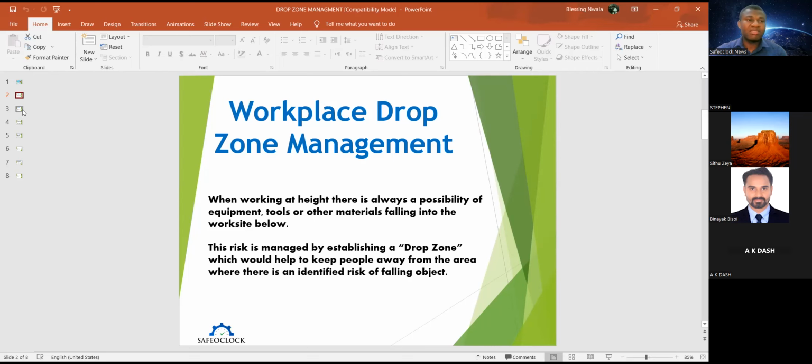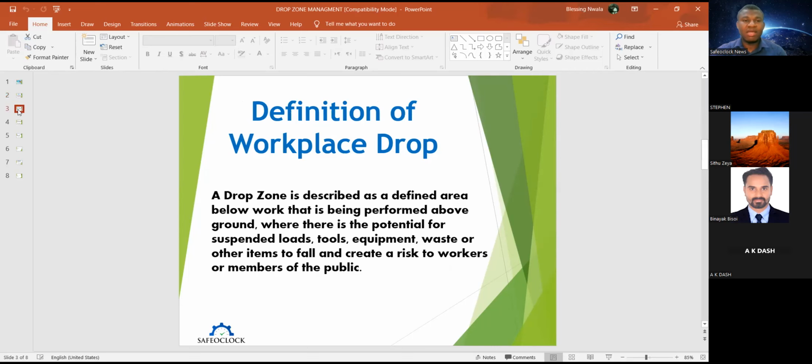Now let's look at the definition of a drop zone. A drop zone is described as a defined area below work that is being performed above ground, where there is potential for suspended loads, tools, materials, waste, or other objects that could fall and create a risk to workers or members of the public.